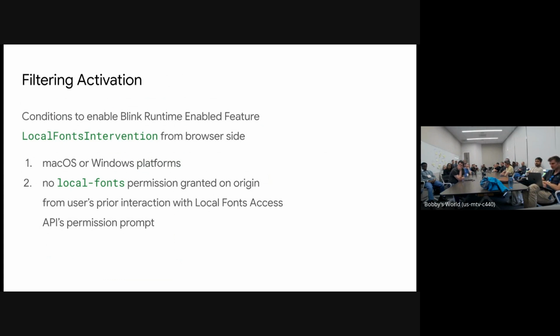We're going to use a Blink runtime enabled feature that's activated from the browser side. And the criteria is different here. In addition to the Finch flag, we will look at whether we're on a Mac OS or Windows platform device. We also want to check the potential permission granted from the local fonts access API. So essentially, we're just honoring whatever the user said to that permission prompt, if it was displayed at all.